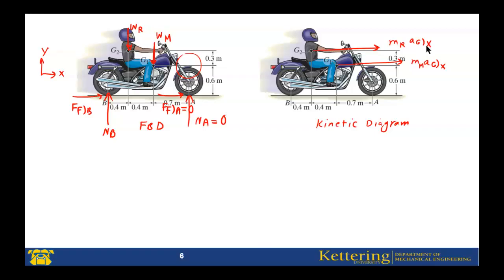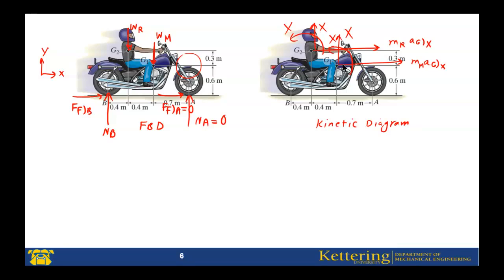This is the kinetic diagram. I just do not show the one along the Y, or the rotation. I neglect it. There's no rotation, so I do not draw those.